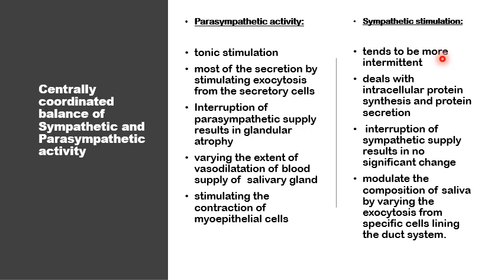It deals primarily with the intracellular manufacturing and release of proteins such as zymogen granules. Interruption of the sympathetic supply to the nerves does not result in any significant histological changes in the salivary gland. The sympathetic stimulation can modulate the composition of the saliva by its influence on the exocytosis from some specific cells in the duct system.